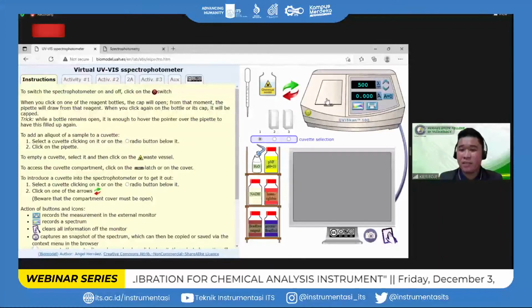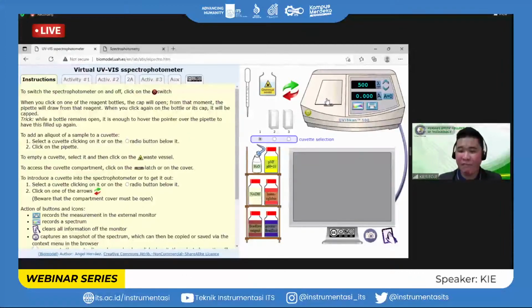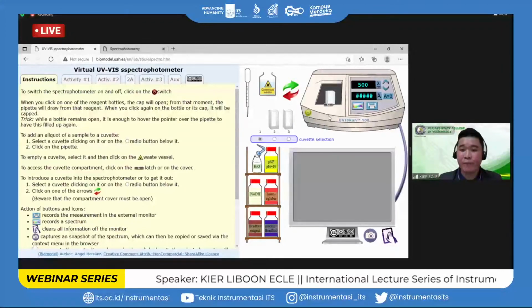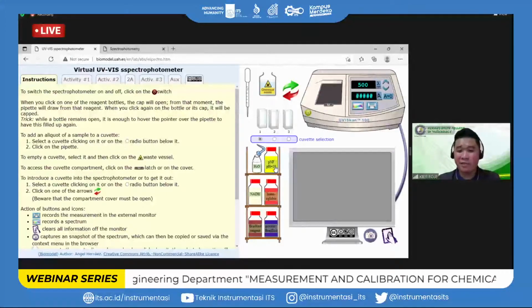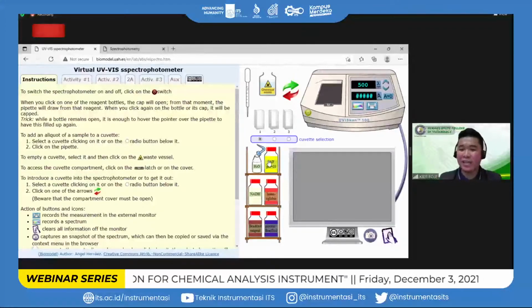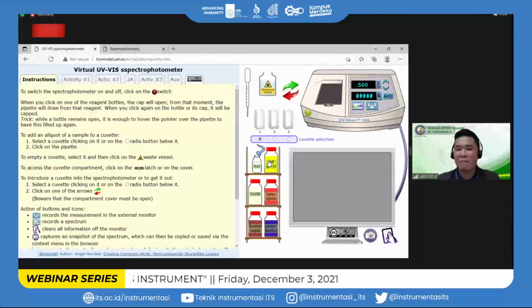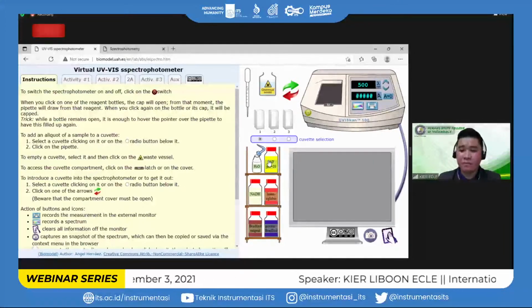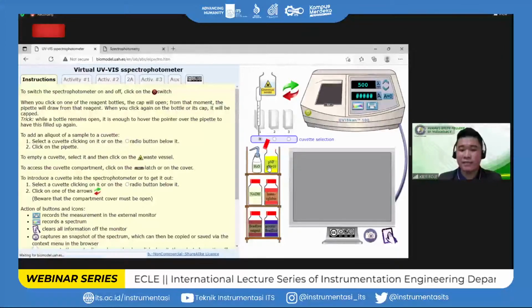Next, you also need to get the spectrum of the para-nitrophenol, or your PNP solution. So you are going to pull out your blank solution and replace it with your PNP solution. Your PNP solution must be concentrated, because we need to determine the lambda maxima of the PNP solution.